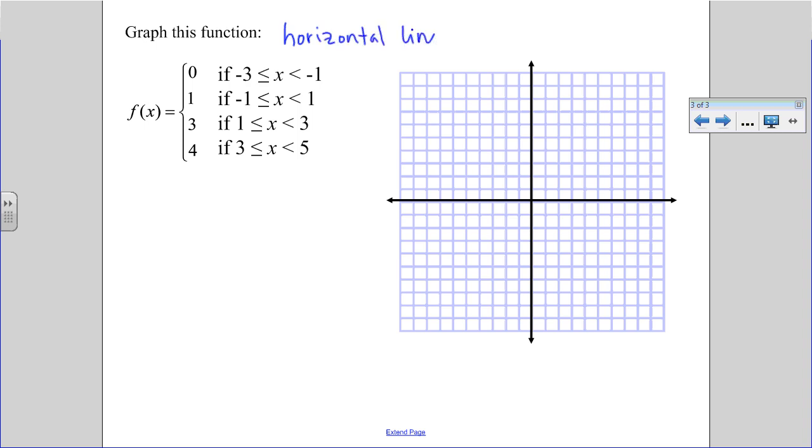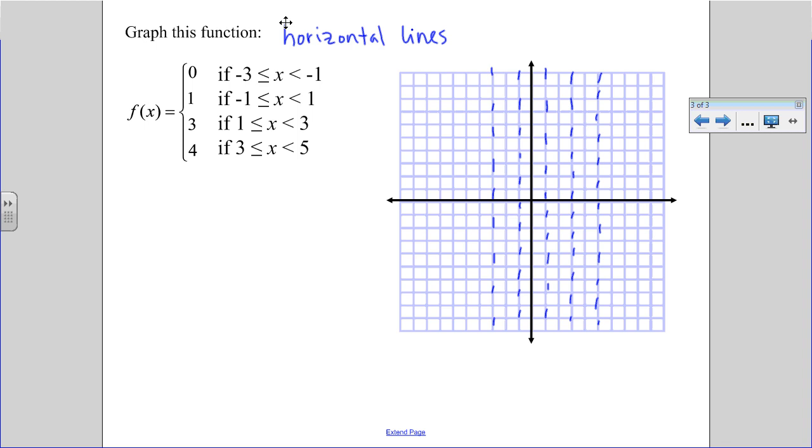All right? So what I usually do is I go back and I look at this and I kind of put in those breaks. So I'm going to have one line, one step from -3 to -1. We call those asymptotes. Then from -1 to 1, we have another step. From 1 to 3. And so you notice there's no gaps in our steps, so it's continuous. And then from 3 to 5.